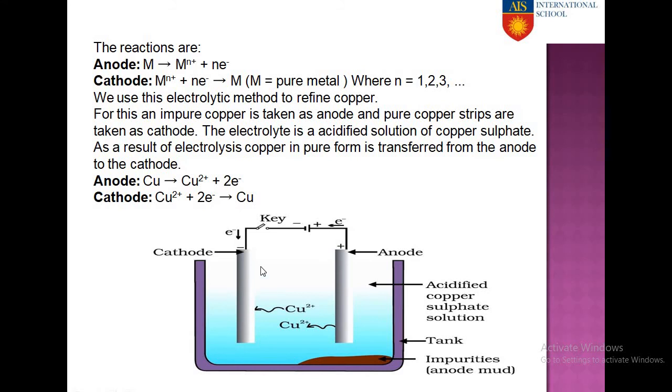That impure copper is taken as anode, and it breaks down into Cu2+ plus 2e. Now this Cu2+ in the copper sulfate solution, with 2e, all gets deposited at the cathode, and as a result we get copper. And the impurities get deposited at the bottom.